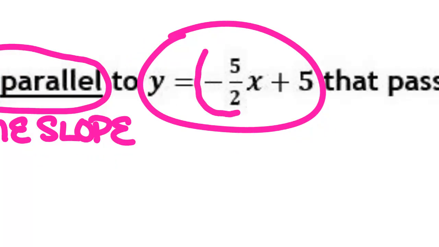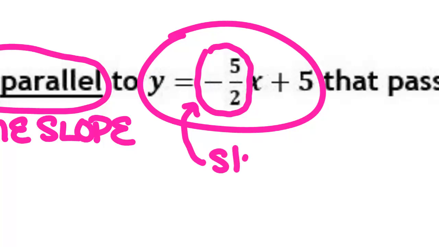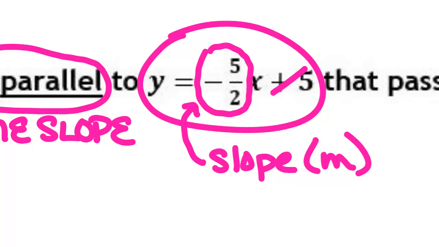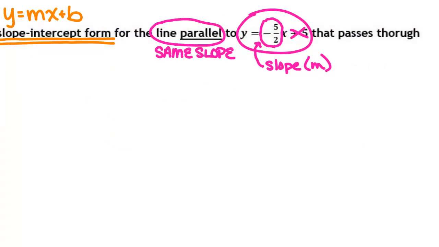Yes, negative 5 over 2 is the slope. Which means I don't care about that plus 5 on the end at all. Don't care. I want this. And I want it to go through the point negative 8, 3.